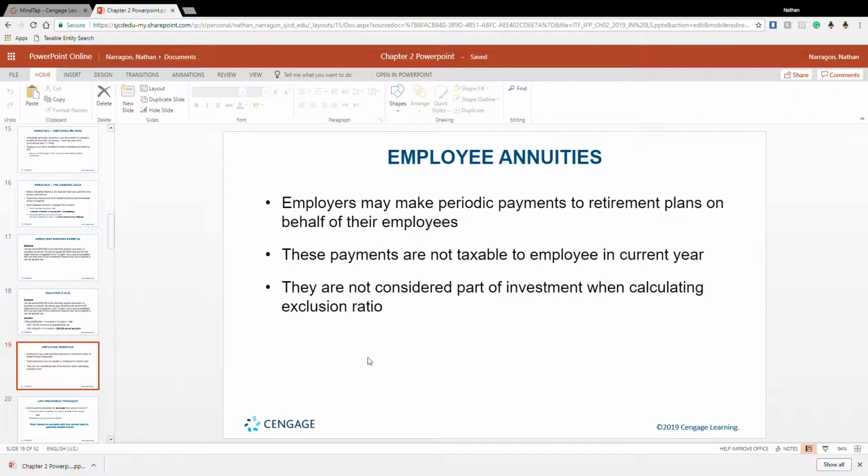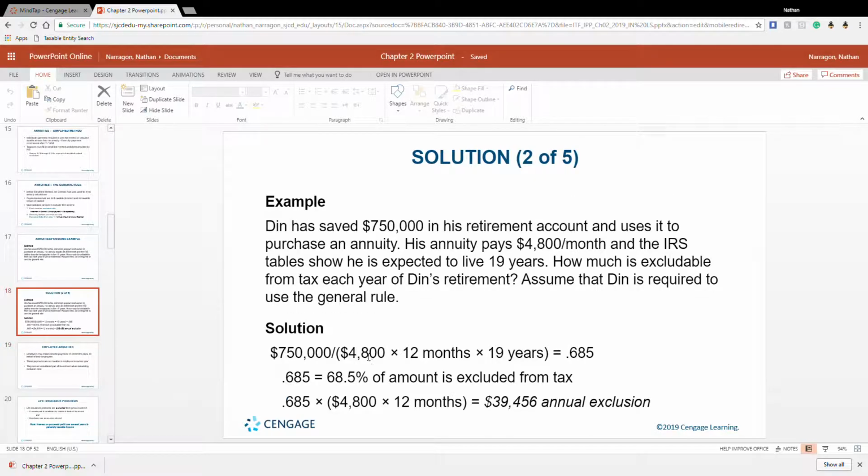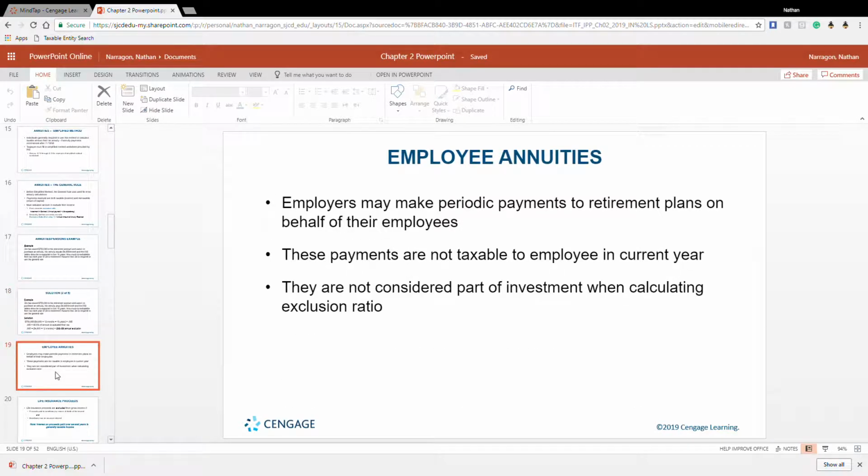But they are also not considered part of the investment when calculating the exclusion ratio. So if Den actually had $500,000 that he saved and the other $250,000 was from the employer, we only do this ratio based on now the $500,000. So it will change completely. So less money that he actually gets to exclude. Okay? So we don't have to worry too much about that.